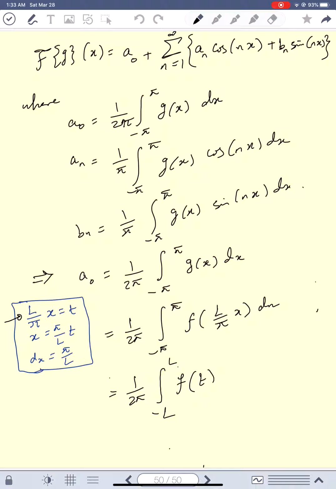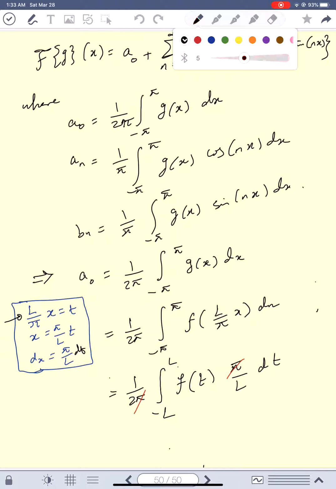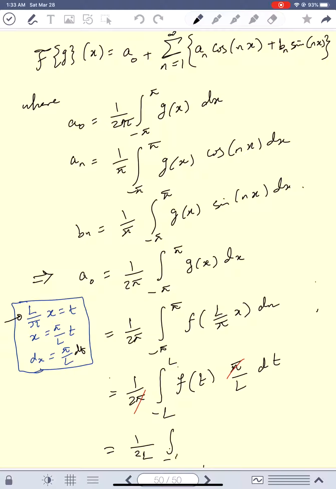You substituted it as t. What's dx? It's pi over L dt. So now, when you look at this, the pi is cancelled. And what's left? You just have 1 over 2L, integral from negative L to L, f of t dt.